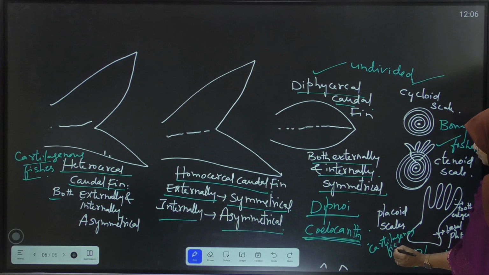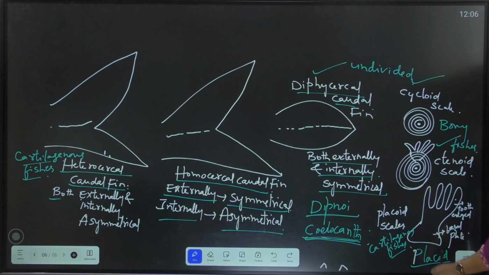In placoid scales, a basal plate is present, which consists of toothed-edged plates. This is the placoid scale.